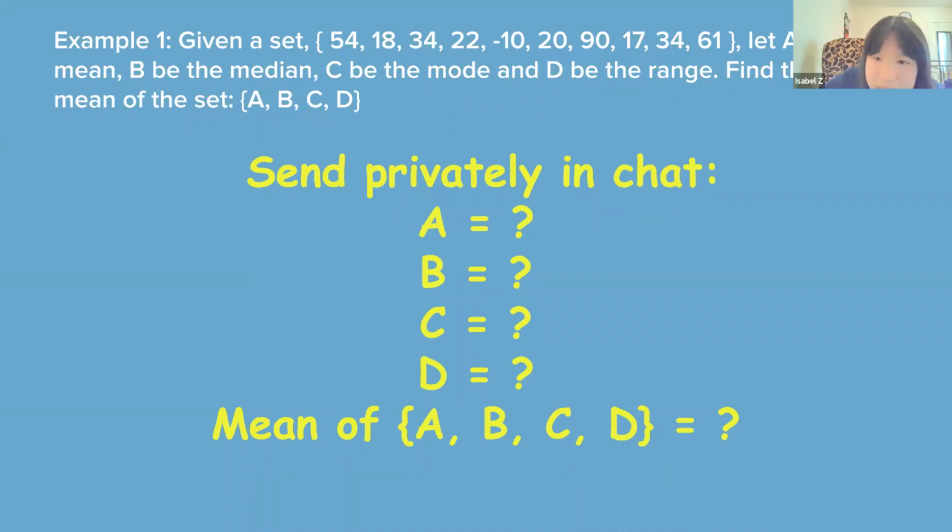So if it's 1, 3, and 4, then the median is 3. Yes. Okay. You might see though that it's a little trickier this time.